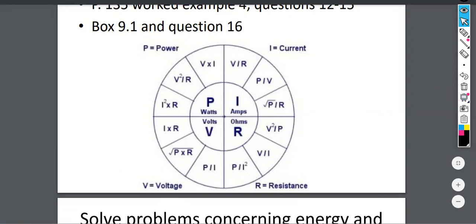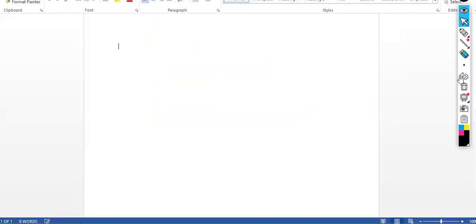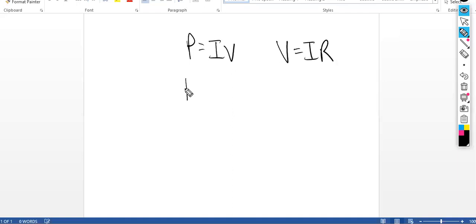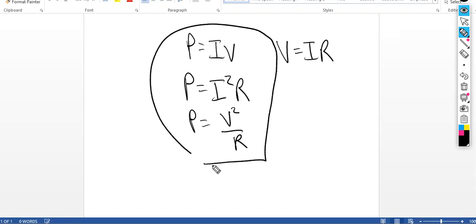For example, when we have P equals IV and V equals IR, we get P equals I squared R and P equals V squared over R. Those are the three for power.